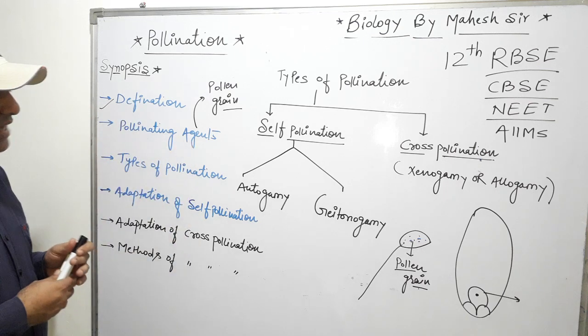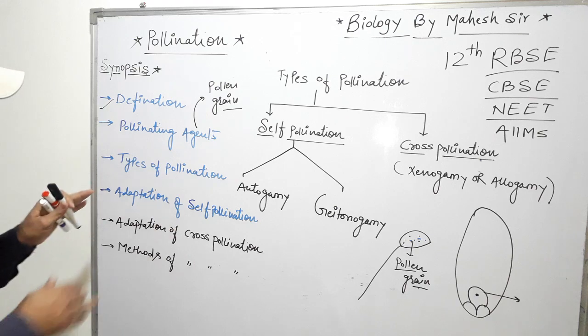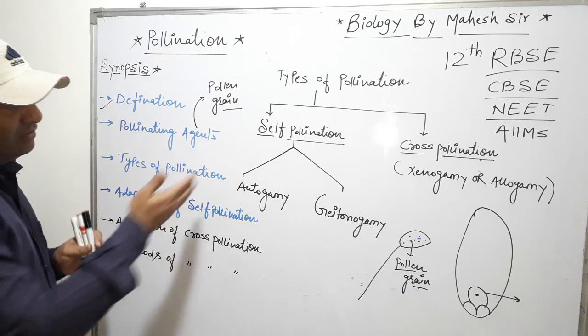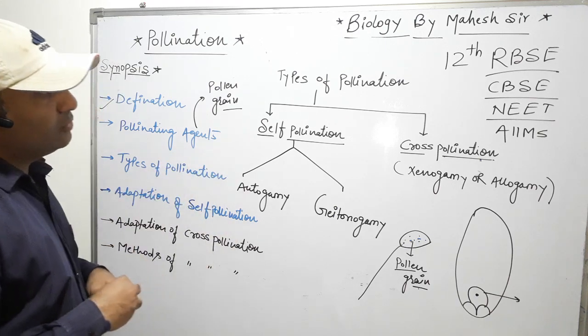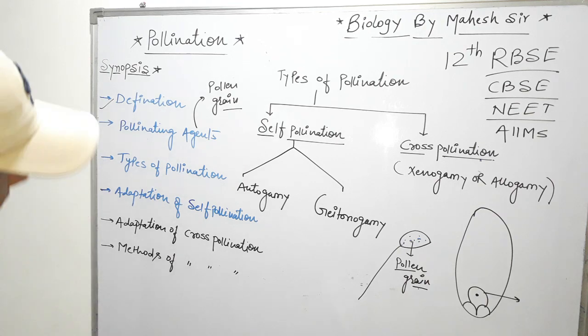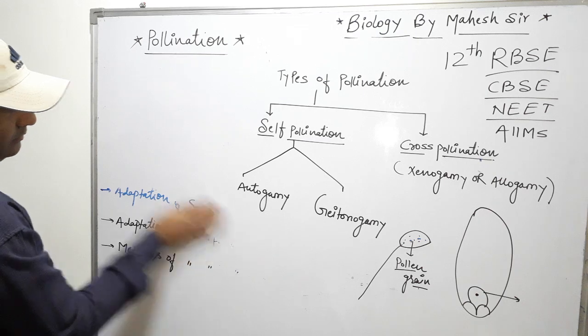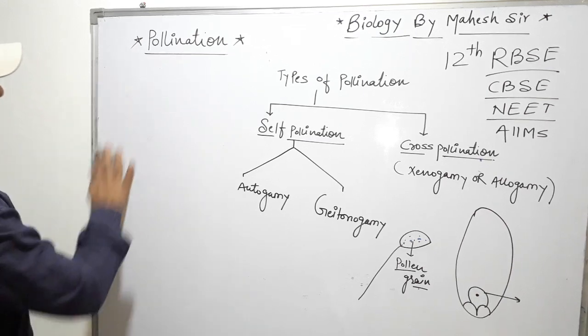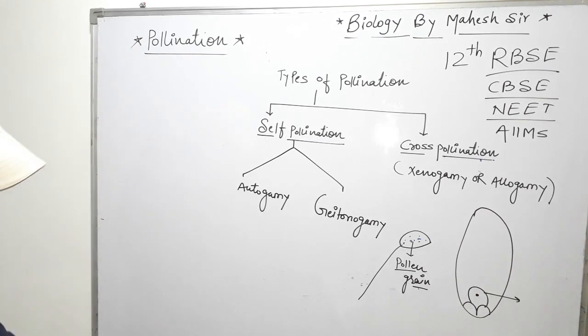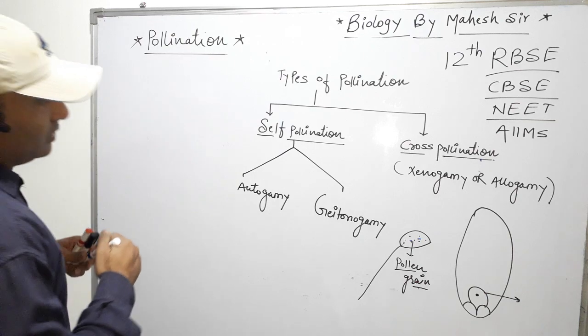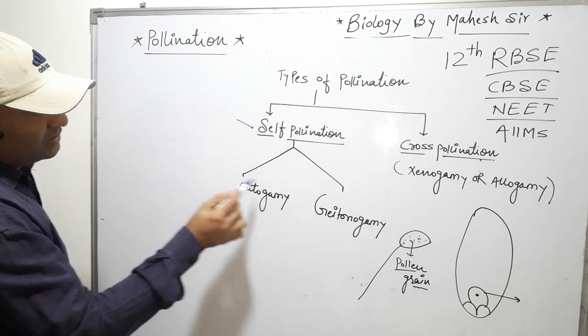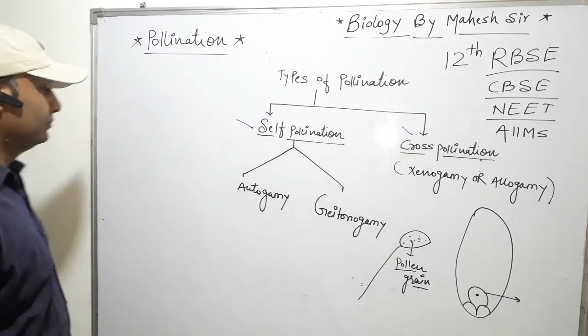Third topic, the types of pollination. For the types of pollination, we can take the ray diagram. The types of pollination are, first, self-pollination and, second, cross-pollination.